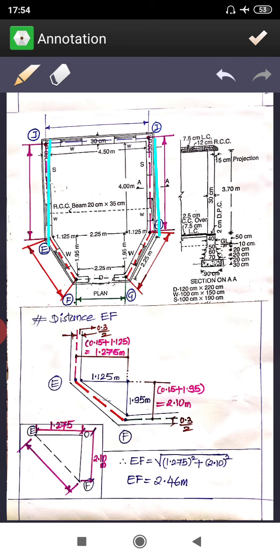So first I consider two walls of the same length. Here the center to center distance: the 4 meter is from the inner wall to the center of the inclined wall, plus half of the wall width added here, so it is 4.15. 4.15 is the center to center distance of HI and JE. To this center to center distance you add one full width, since this portion you are already considering.